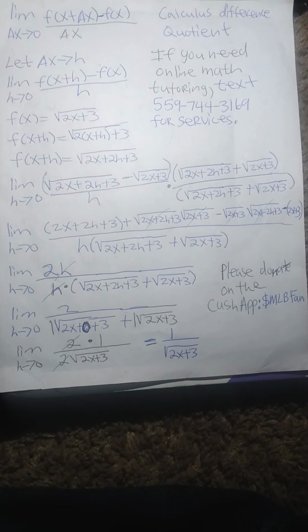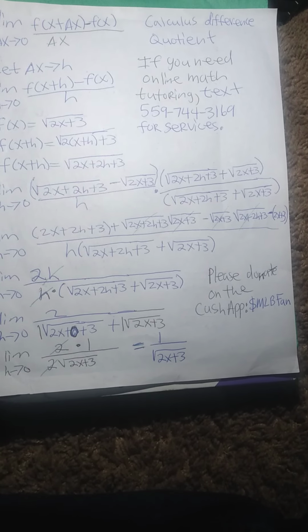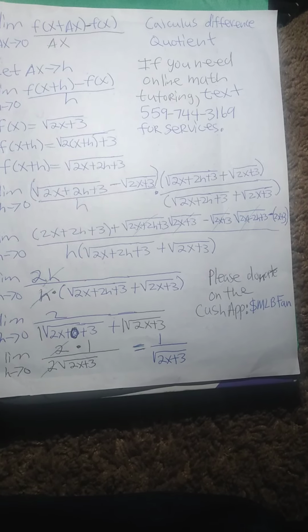Now, when we multiply this with the numerator and denominator of the square root of 2x plus 2h plus 3 minus the square root of 2x plus 3 divided by h, we will get some major simplification that will occur.